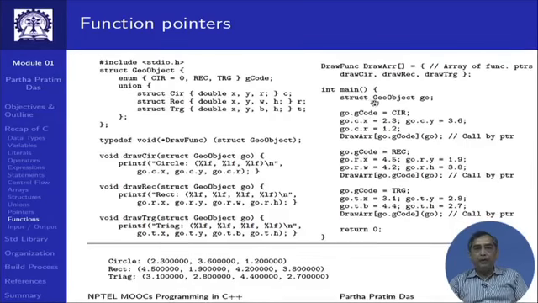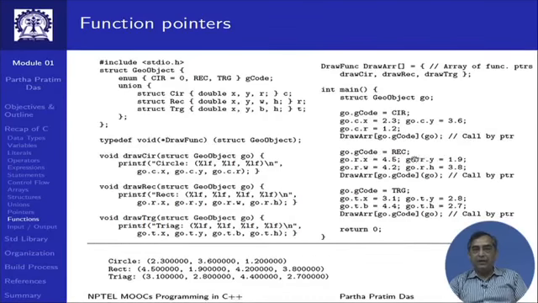Now, we want to write a routine, the main function, which given the G code of any of these objects and the structural parameters of that object, should be able to draw it. So, the idea is, I would like to call the draw function, any of these draw functions, not using their name, but from the fact that if my G code is CIR and I want to call draw, the draw circle should get called.